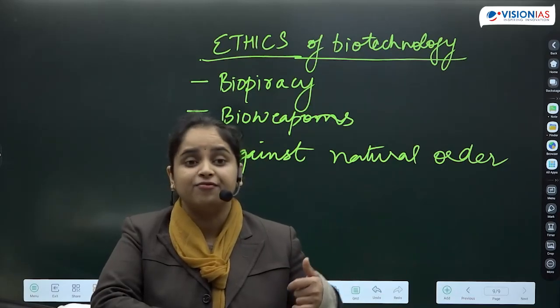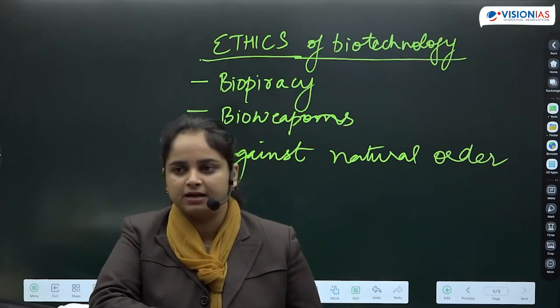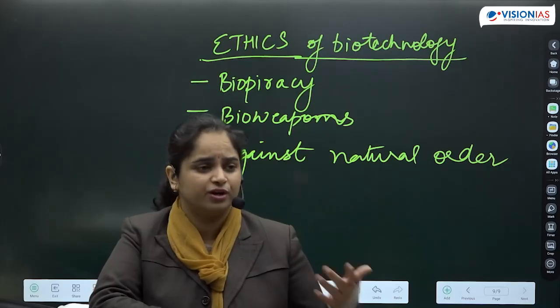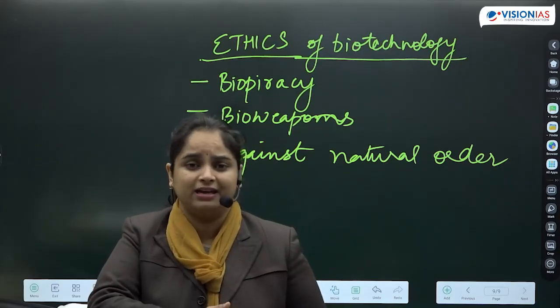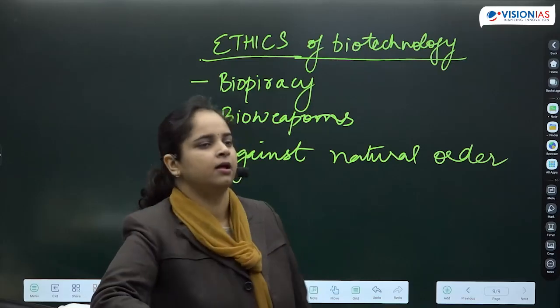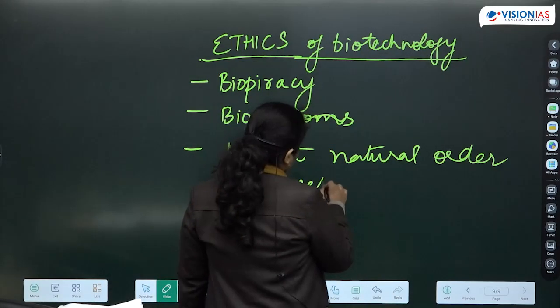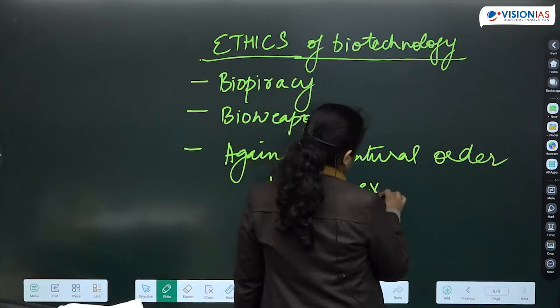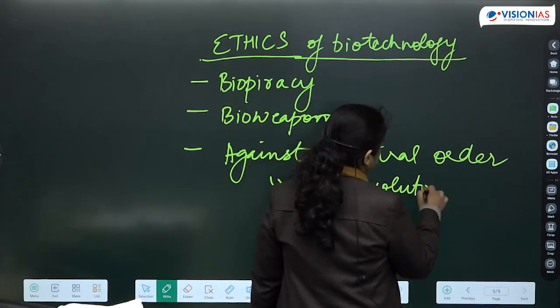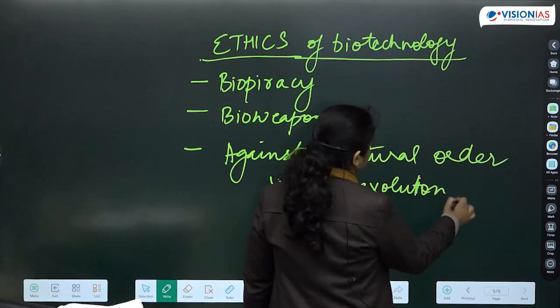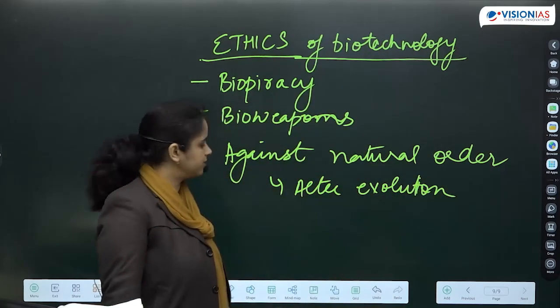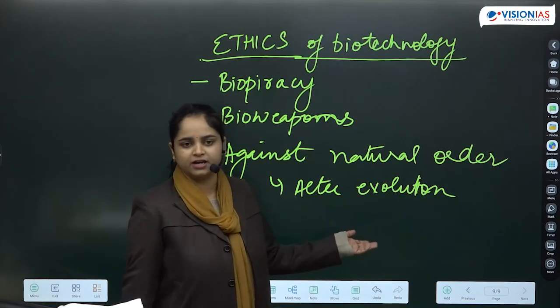There can be further ideas saying that if we keep doing a lot of genome editing and keep changing genetic material, there might be a situation where we can alter the course of evolution. How different species were supposed to transfer traits from one generation to the other, we can alter that.